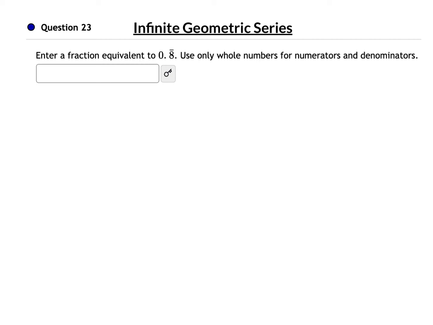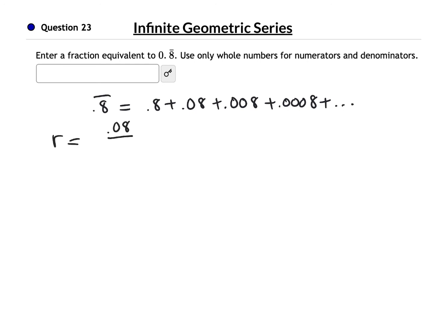Question 23. Let's write 0.8 repeating as a geometric series. This is 0.8 plus 0.08 plus 0.008 and so on. We'll find r. It's the current divided by the previous. 0.08 divided by 0.8.